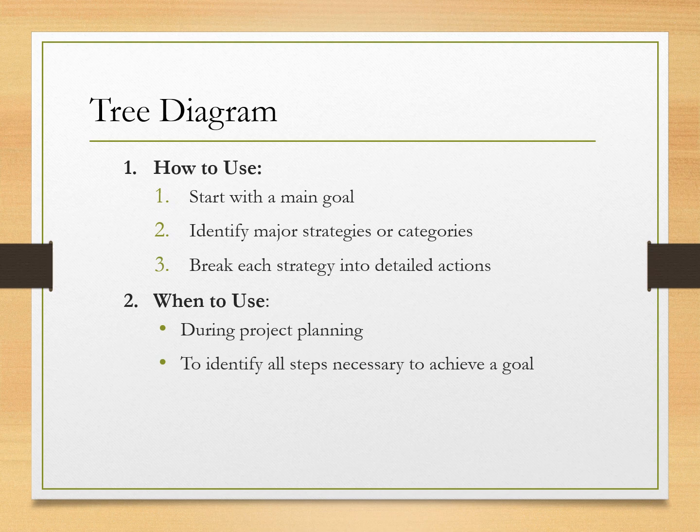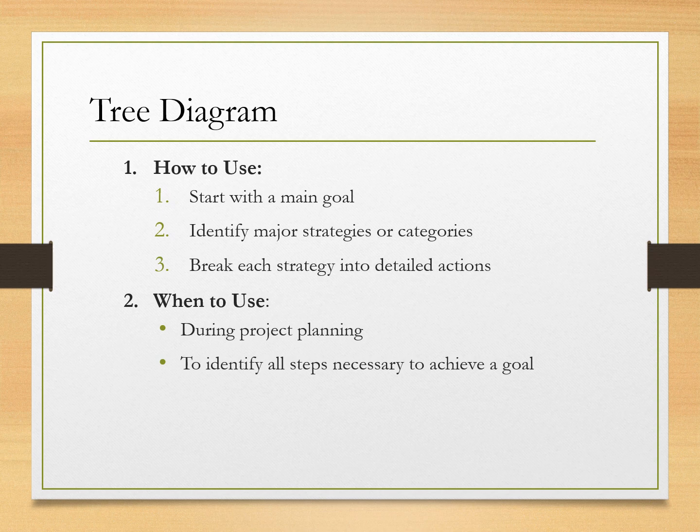And this tool is fantastic during project planning when we need to break down a complex initiative into manageable pieces. And it's also great for identifying all the steps necessary to achieve a goal. Think about this: if we want to open a coffee shop, that's our main goal. And our main strategies might be secure funding, find a location, get permits, hire staff, or market the business.